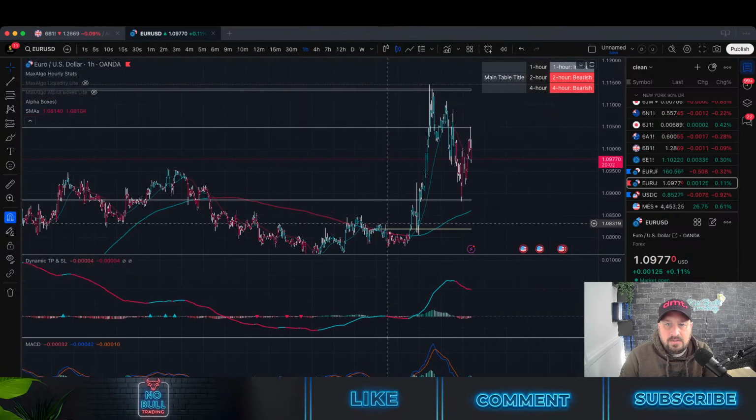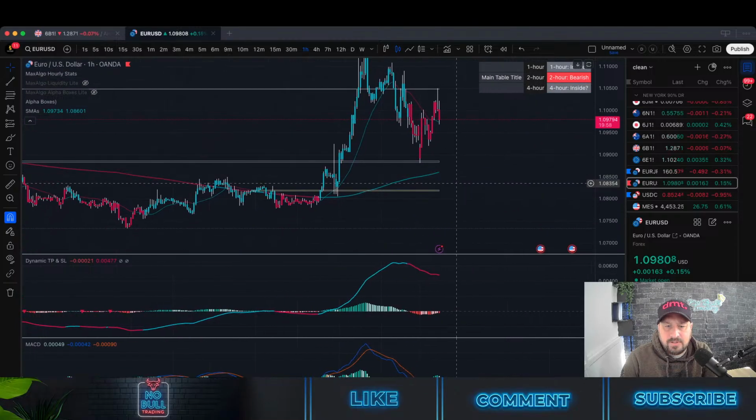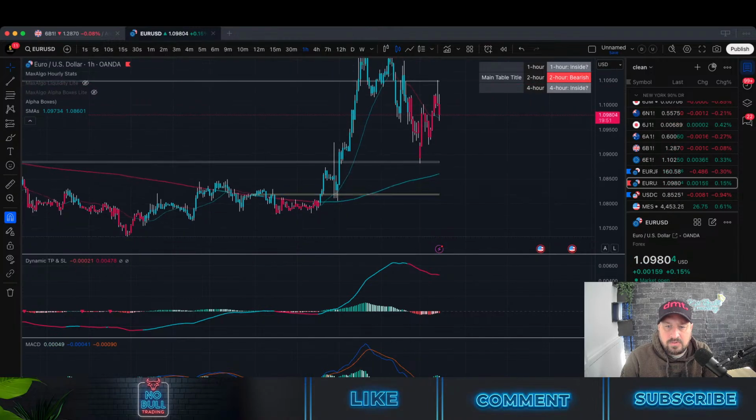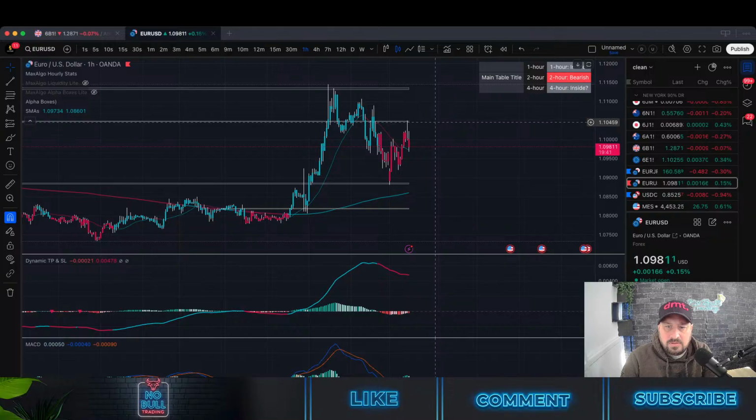Monthly. This is our monthly down here, isn't it? So rejection from the, so come above the monthly, and then we're just tapping in between these monthly levels. Rejection from here. So yeah, possibly now we can expect Euro to at least come back to the weekly level.